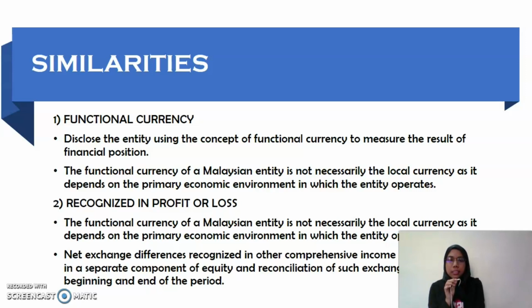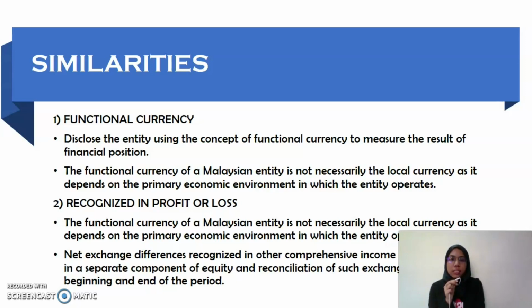The similarities of both standards, first, is functional currency. How the functional currency is disclosed: the entity uses the concept of functional currency to measure the result of financial position.